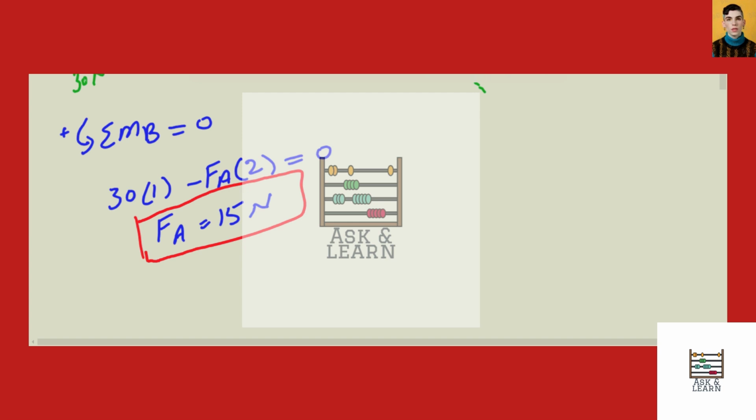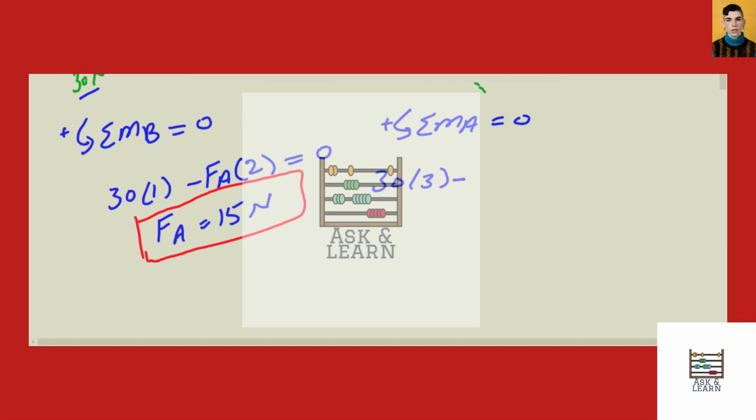So applying the moment equilibrium equation at point A also: summation of all moments at point A is equal to 0. Here it is a 30 Newton force, and it acts at a distance of 3 meters, so 30 times 3 minus the FB force.